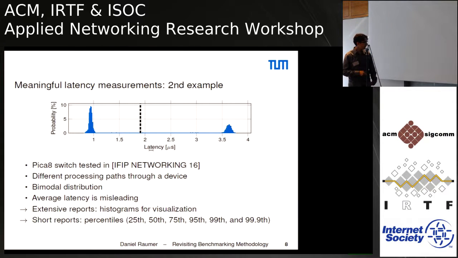So the example or our proposed solution is here for visualization, of course, use histograms. But in a benchmarking report, you want to have values that are comparable. And in that case, we propose to use percentiles and especially 25s, 5s, 75s, and some percentiles we propose as worst case.